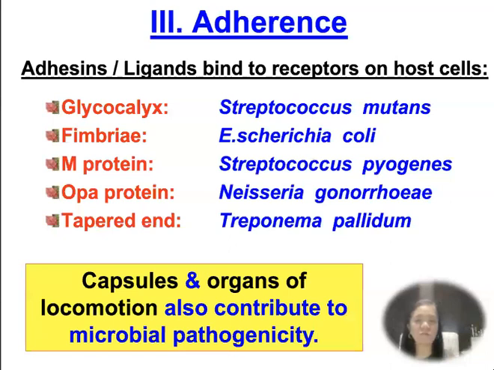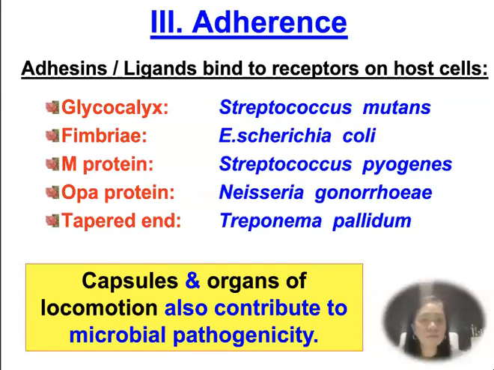And of course, importante rin sa pagiging virulent nila, yung ability nila to stay inside the body by adhering sa ating mga host cells. So adherence is a very important mechanism of pathogenicity. Okay? So adhesins or ligands bind the organisms to host cells.